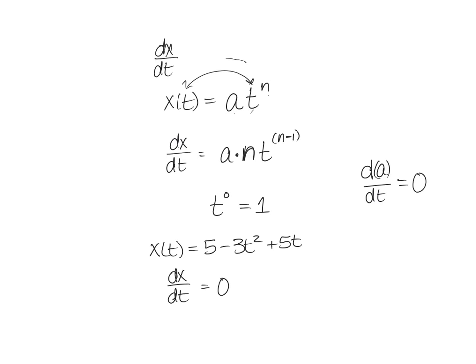So the first term is 0, then we have 3 times 2 times t raised to the 1 power, so we took 3 times 2, then t to 1 less power, and then minus plus 5 t to the 0, which simplifies to minus 6t plus 5, because t to the 0 is just 1.